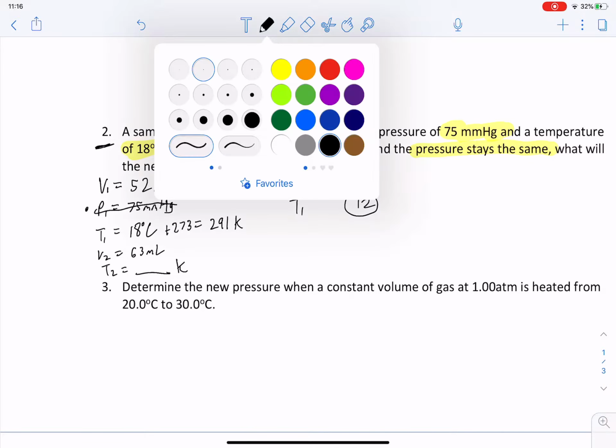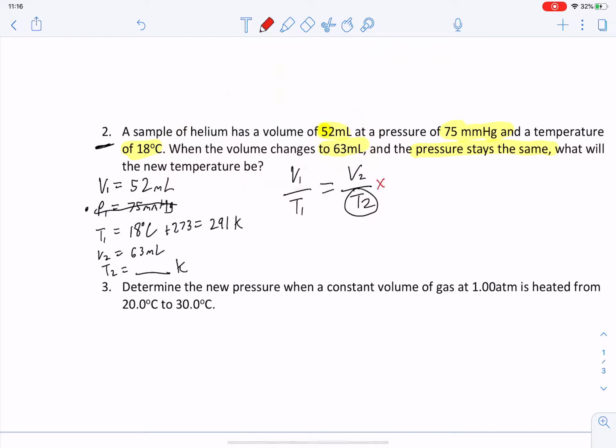If it's being divided, it has to be multiplied, because we need this T2 to be on its own on the top. So we're going to multiply both sides by T2. This will cause those to cancel out, and we can see in the next equation, T2 times V1 over T1 equals V2.